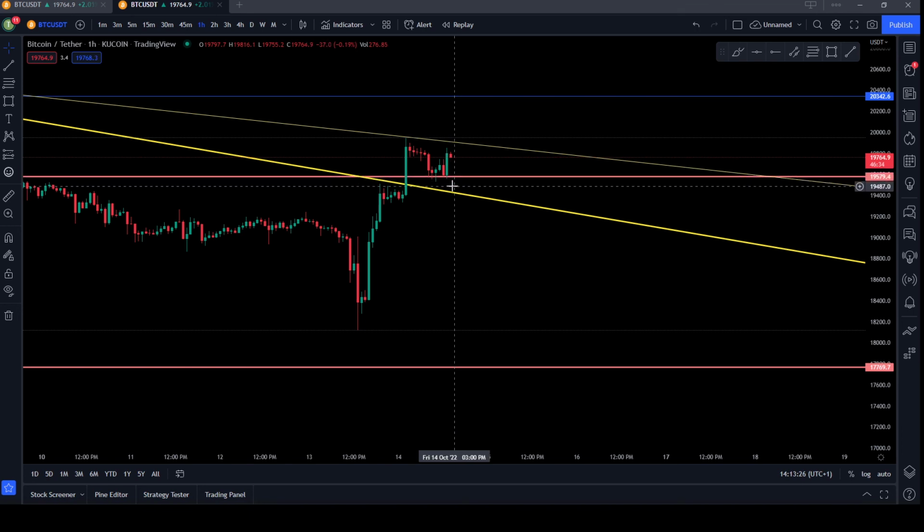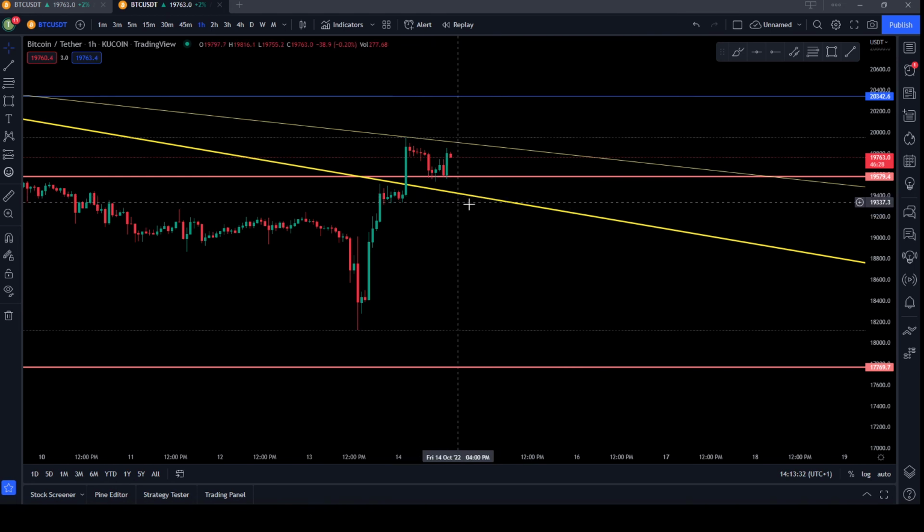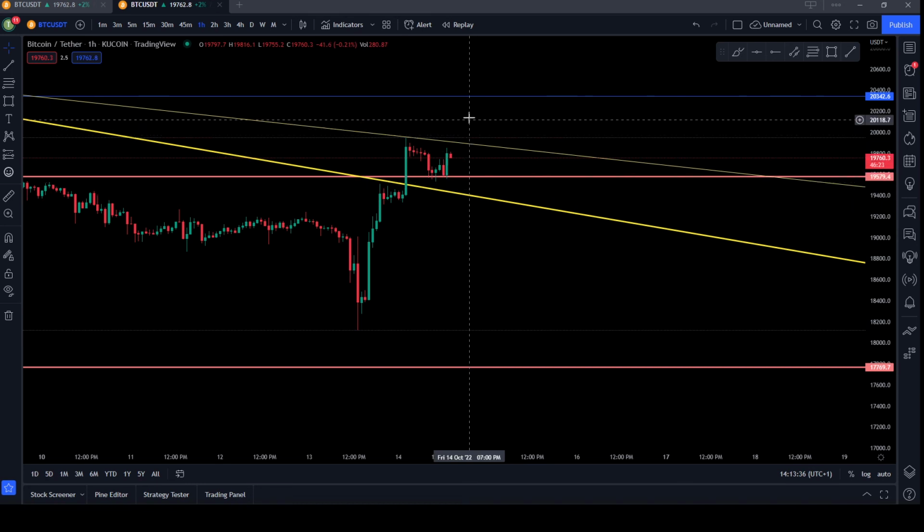I'll maybe put a stop just below the descending wedge, because you'd want to see that get respected, and then hope that you get a move to the upside, and maybe even test the minor resistance here. And that's really what support and resistance is all about. It's about trying to figure out these lines, looking at good entry levels, and then potential areas of take profit.